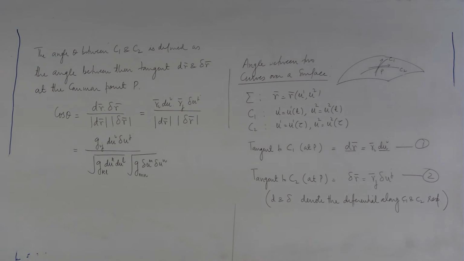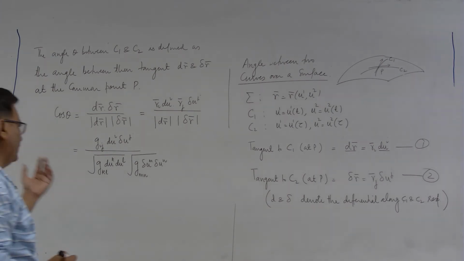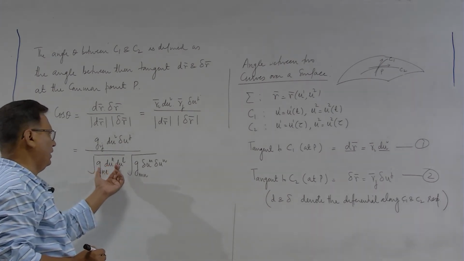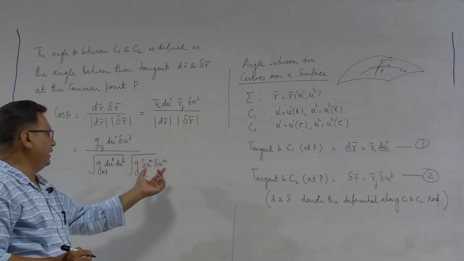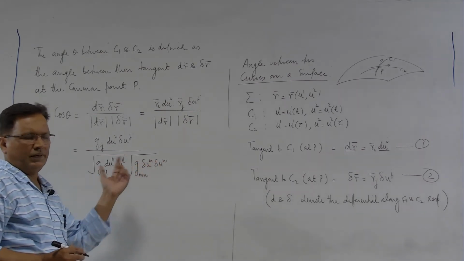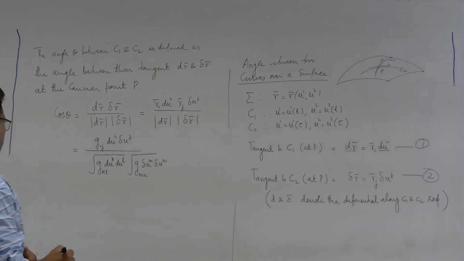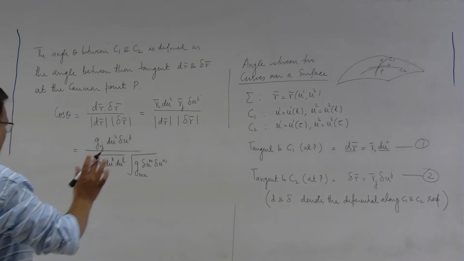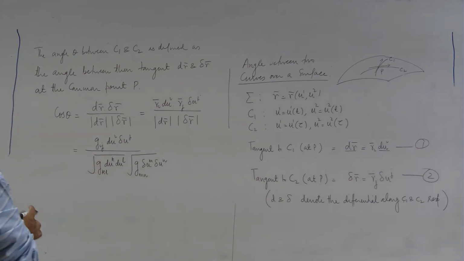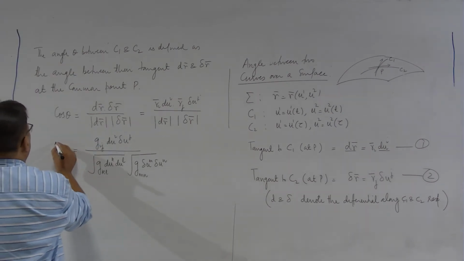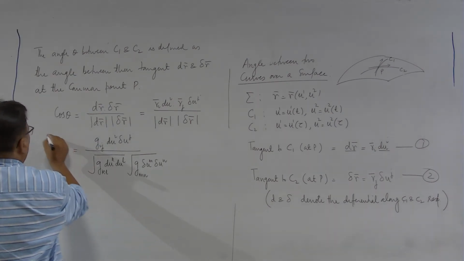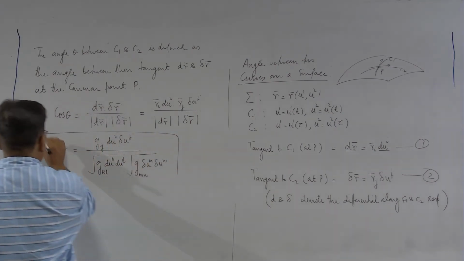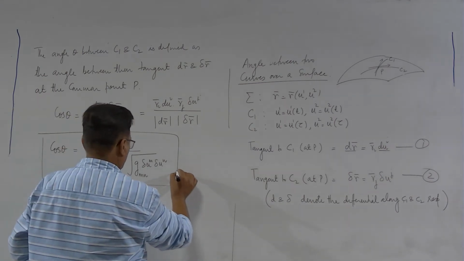The same formula, except that the coefficients a^k a^l b^k b^m b^n over there have been replaced by these quantities here. Okay, you leave it here. So, this becomes the formula for the angle between two intersecting curves over a surface.